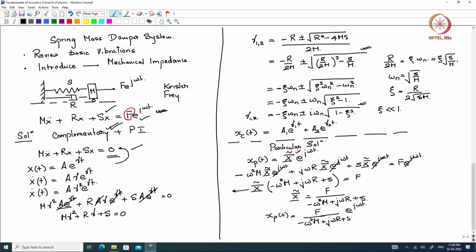Okay. So now I have the complementary solution and I have the particular integral. So the total solution is the sum of these two, x c of t plus x p of t. So let us do that here.